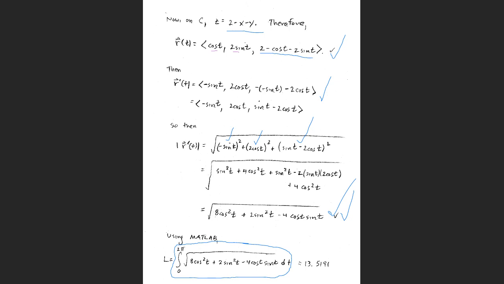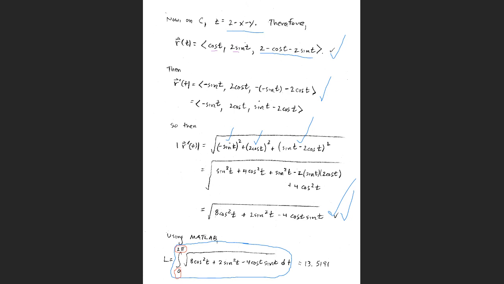You have to have limits so that the space curve is traced out just one time if you're looking for its length. If, for instance, I had chosen limits from t equals 0 to t equals 4 pi, that would trace the space curve out twice. But we only need to trace it out once because we want the length of the space curve.